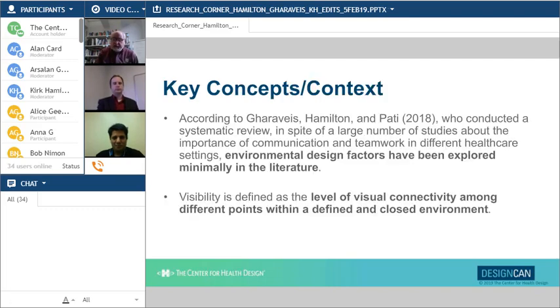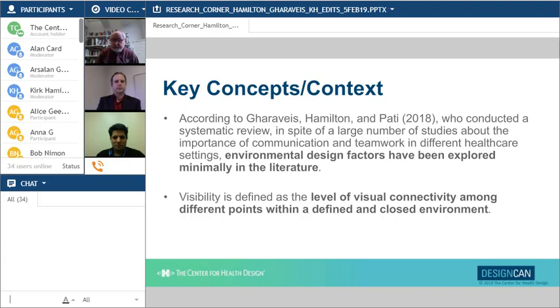There is another paper that Dr. Garaves and I and Dr. Patti from Texas Tech put together as a review of the literature associated with the same concepts. And what was discovered is there's not a lot that has been published that relates these physical factors to communication, teamwork, and security.